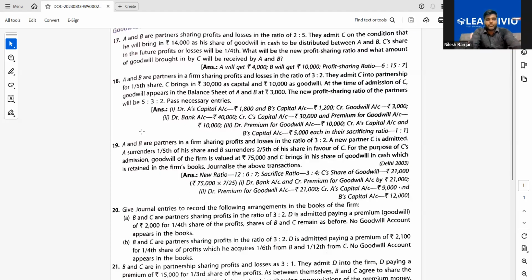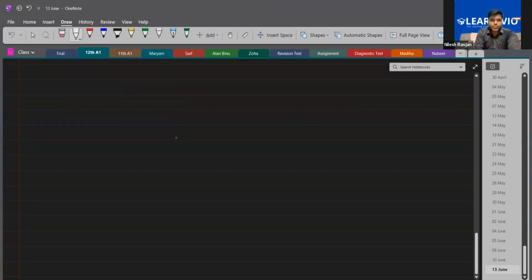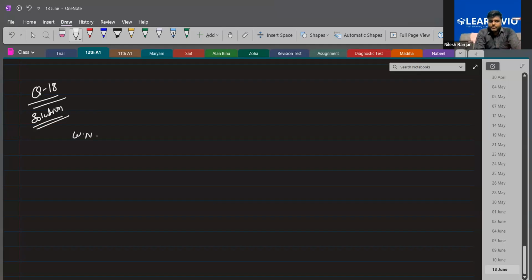Okay, so in this question, we don't have to calculate the new ratio. We have to calculate the sacrificing or gaining ratio. Question number 18, working note number 1: gain or sacrifice.